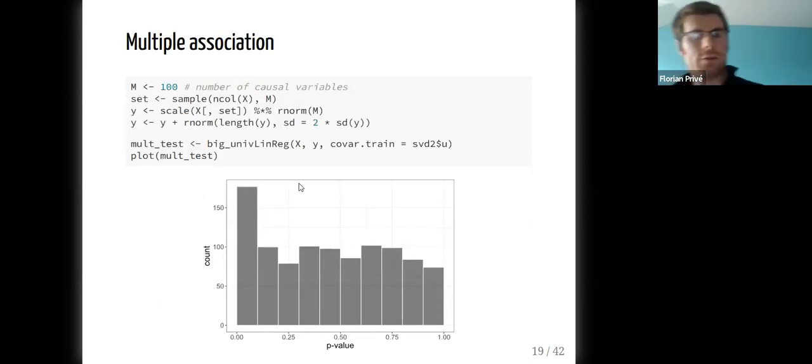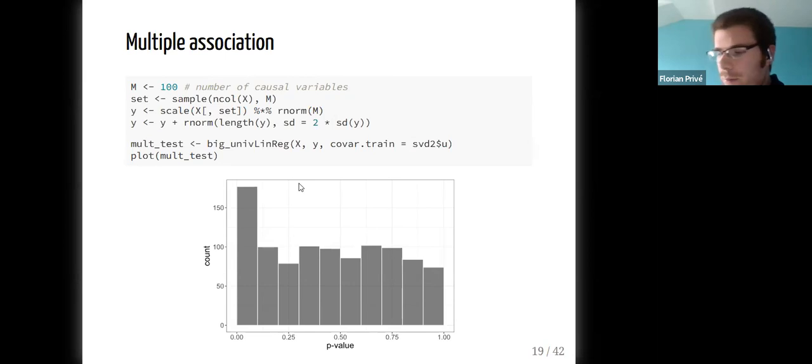There are also functions for multiple association. What is multiple association? It is when you want to look at each variable in your data independently, and test for association between one variable and one outcome.